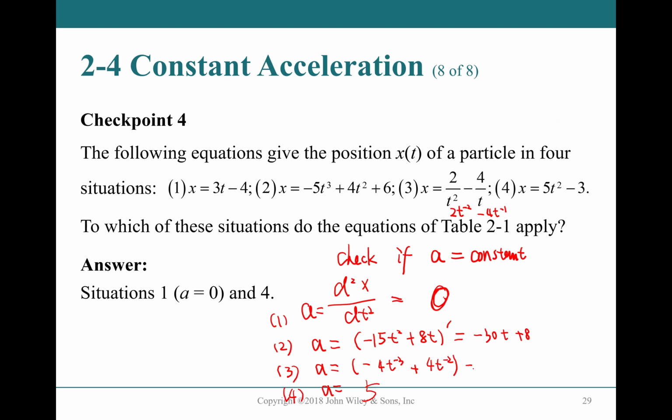Take another derivative, you are going to get negative 12t to the power of negative 4, and then minus 8t to the power of negative 3. Okay. Wow, you guys are so good.